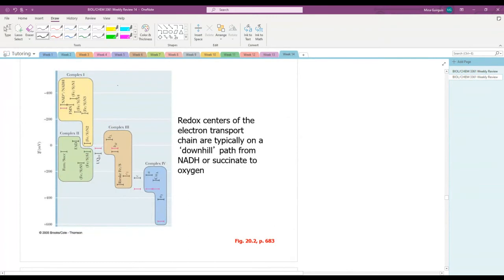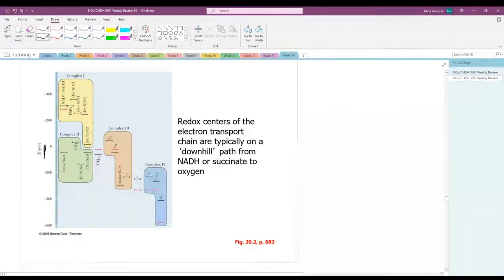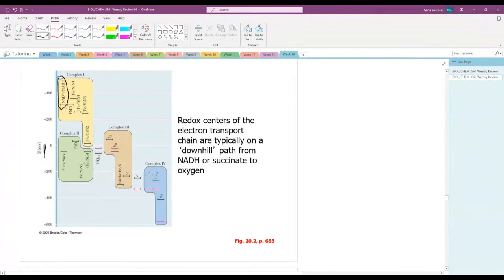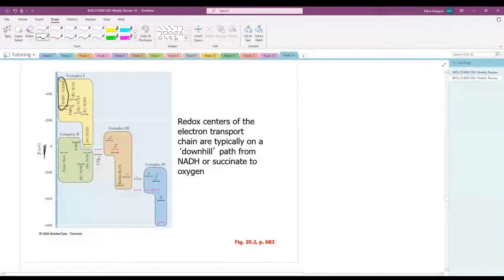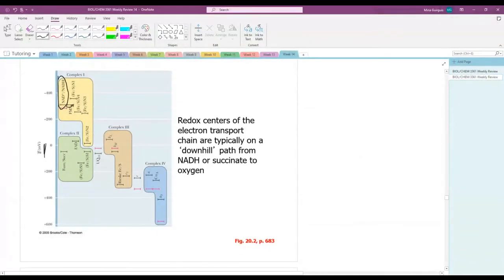Oh, I'm sorry, I love this graph. I forgot this was in this chapter. This is a graph of epsilon, our standard reduction potentials. And if you notice, we start with NAD plus NADH. FMN is at about the same level.